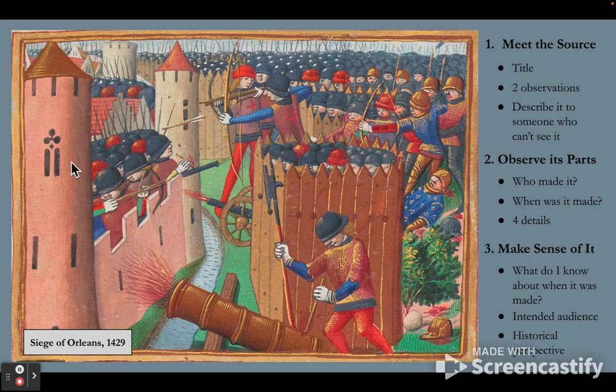So these people are French and these people are English. Another clue that I have for that is that they have longbows and they are still using crossbows. So I think that his perspective is that England was much more powerful and much more likely to win than France inside the castle under siege.